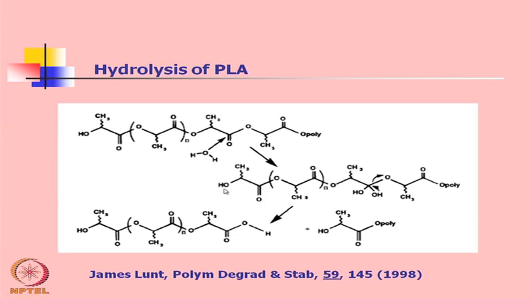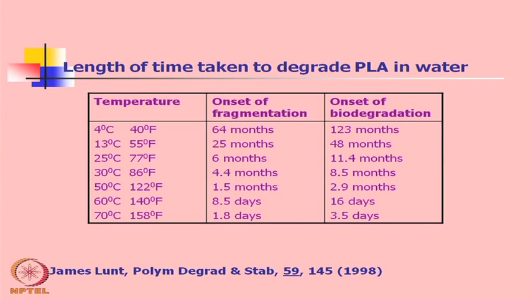This shows a scheme of the reaction which occurs during hydrolysis of polylactic acid. It contains an ester group. This is how it degrades. Ultimately, this is the product of degradation. After fragmentation, small length species will be formed, which will be easy for microorganisms to metabolize.